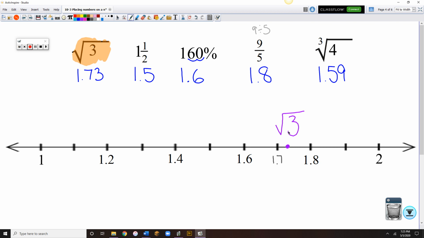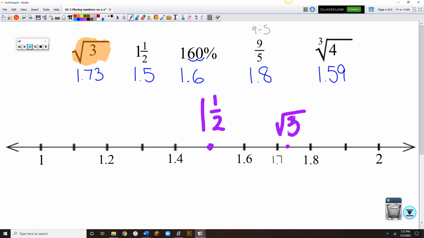1.5 is the decimal, so I'll draw my dot at where 1.5 is. But when I label, I will label with the original. Okay? 1.6.